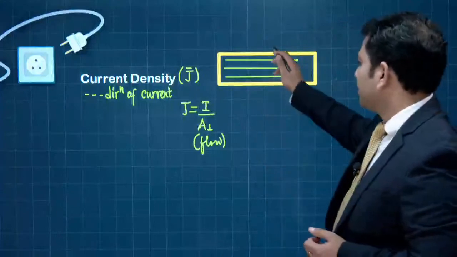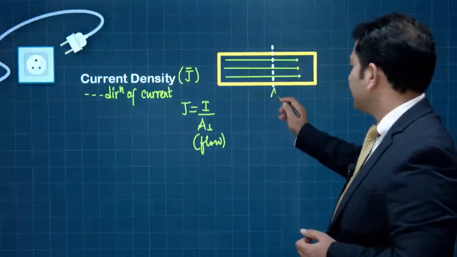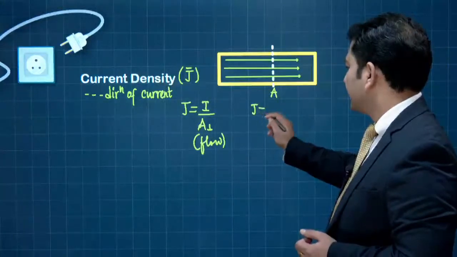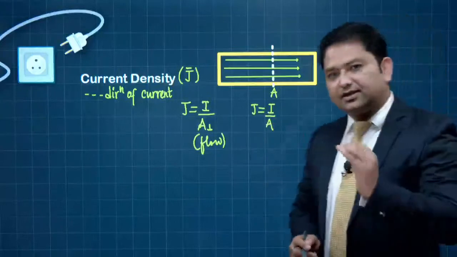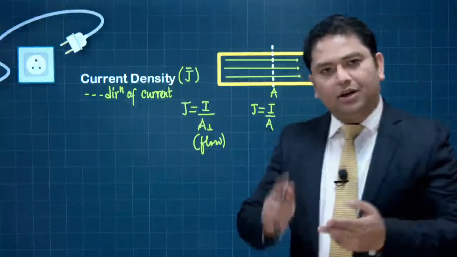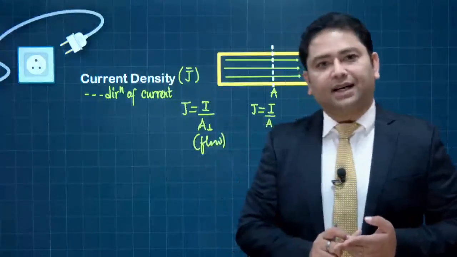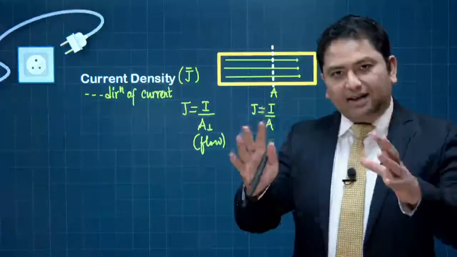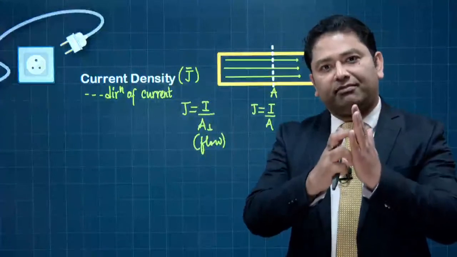In this condition you have to take this cross section. If I call this cross section A, the value of current density will be I divided by A. But note that whenever you take an area, you will take it perpendicular, but a second very important thing is that the area should intersect the entire stream.